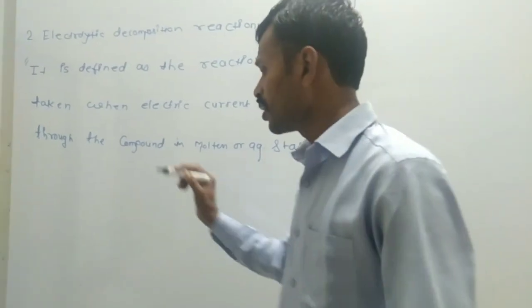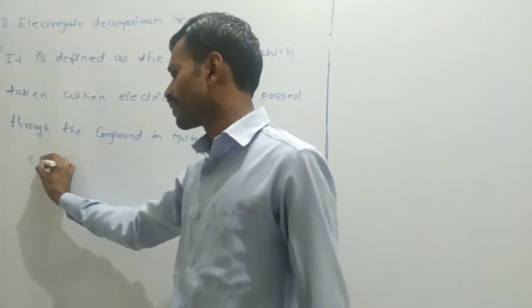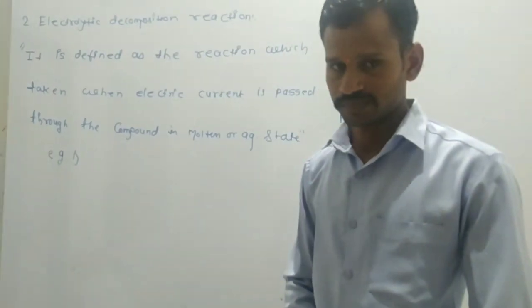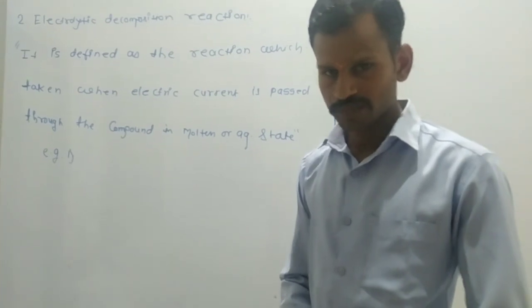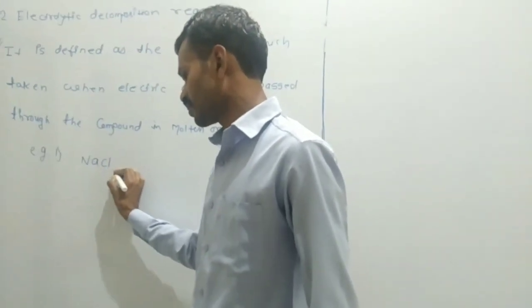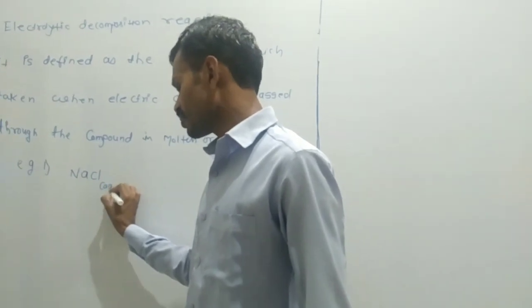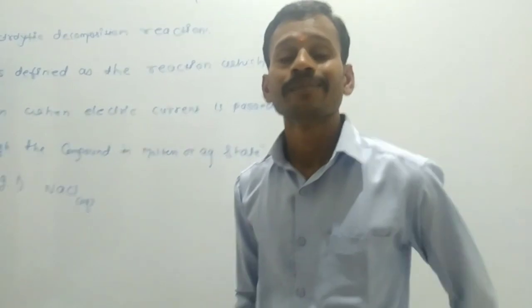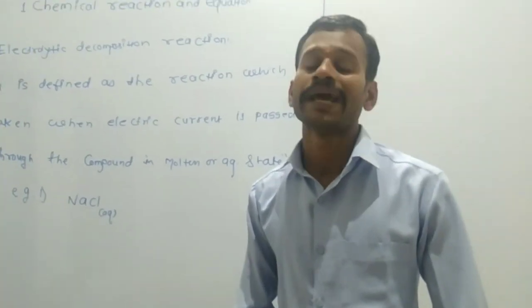So now the first example. We know that sodium chloride, NaCl, is always taken in a molten state or aqueous state.